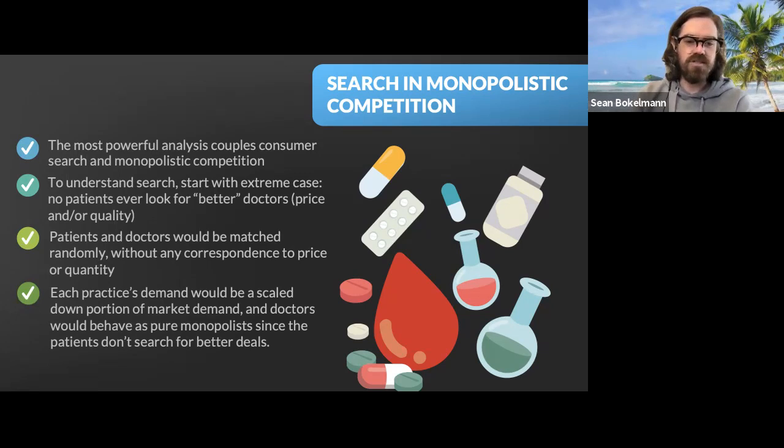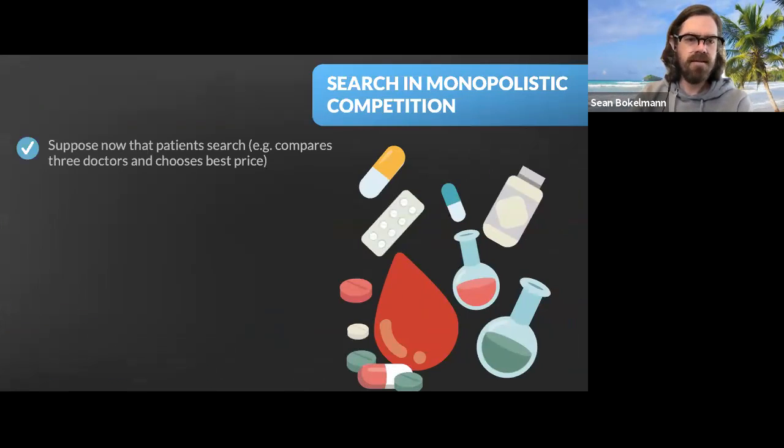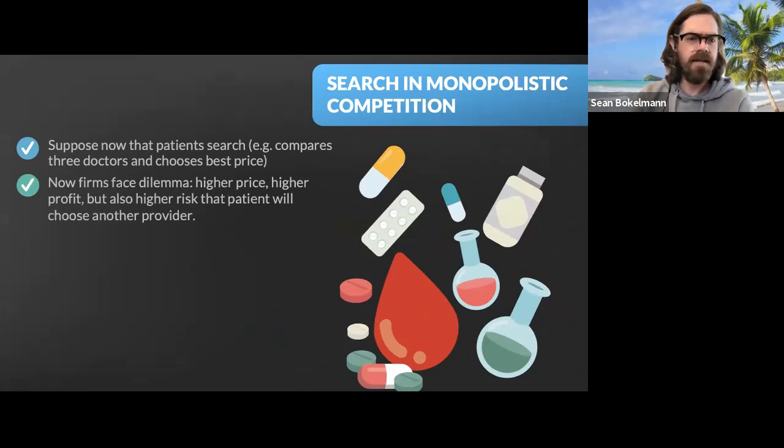But this is a pretty extreme example, right? Obviously, patients do search to some degree. So let's suppose that patients search, for example, they choose three doctors and pick the one with the best price. In this scenario, firms now face a dilemma in choosing the price they want to charge.